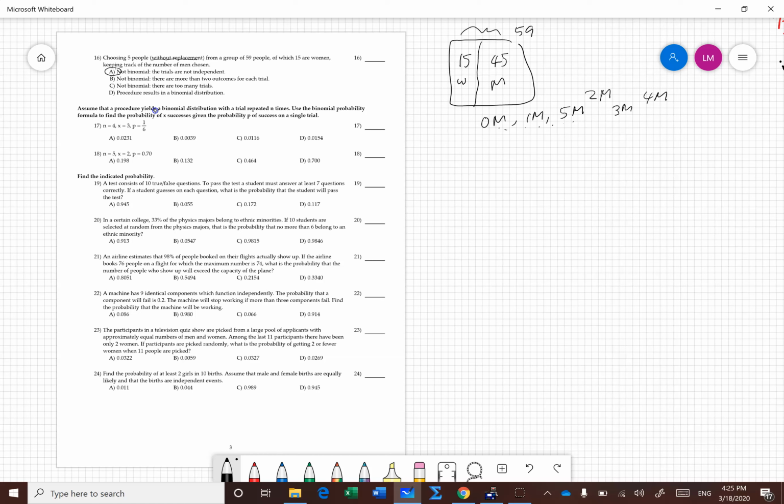Okay. 17. Assume that procedure. Now, what that means here is you try 4 times, and the probability of getting X is, this means out of 4 tries, and you have 1/6 chance of a probability.